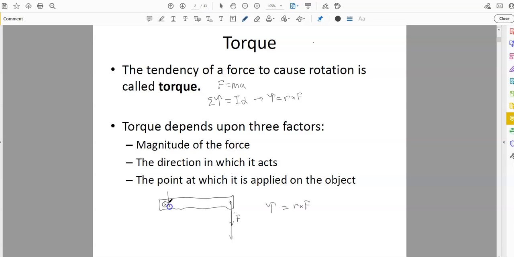So this distance from right here to right here is the distance r. We will find out later on that this force has to be perpendicular to the lever arm, and that's why this is an X. That's the cross product, meaning only the perpendicular part of the force contributes to torque.